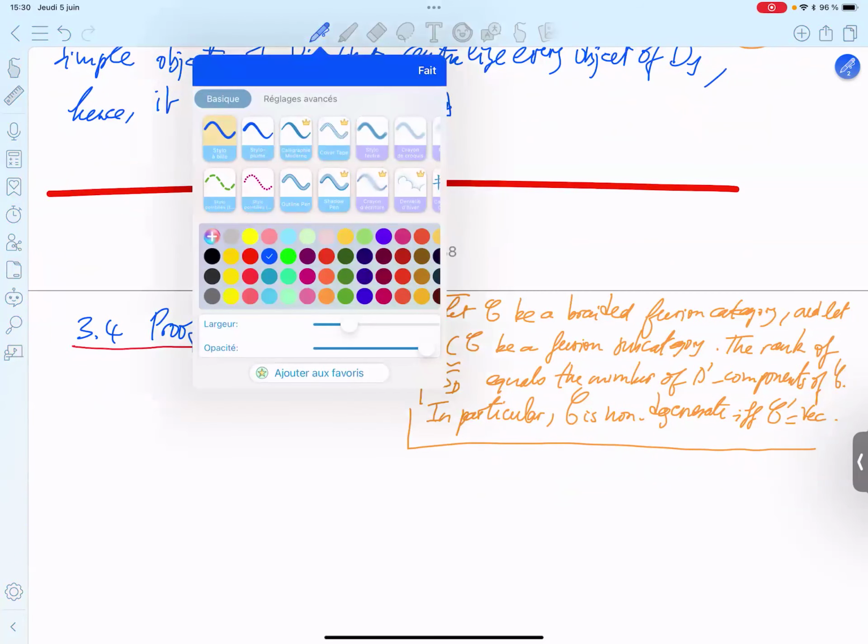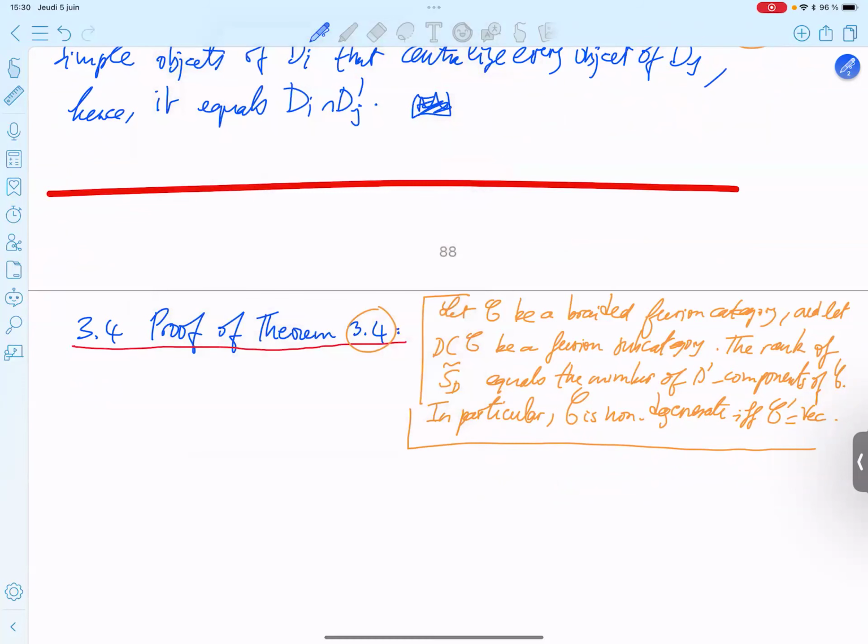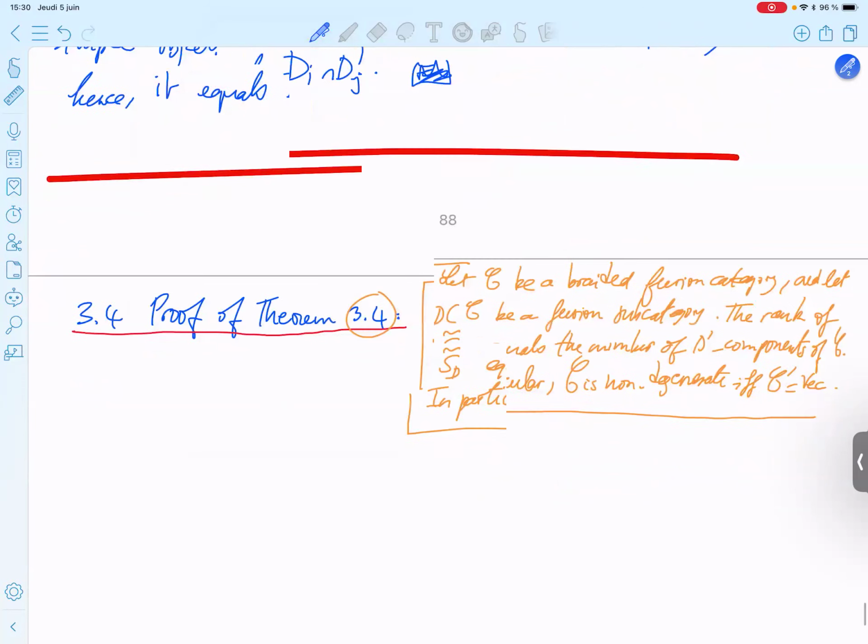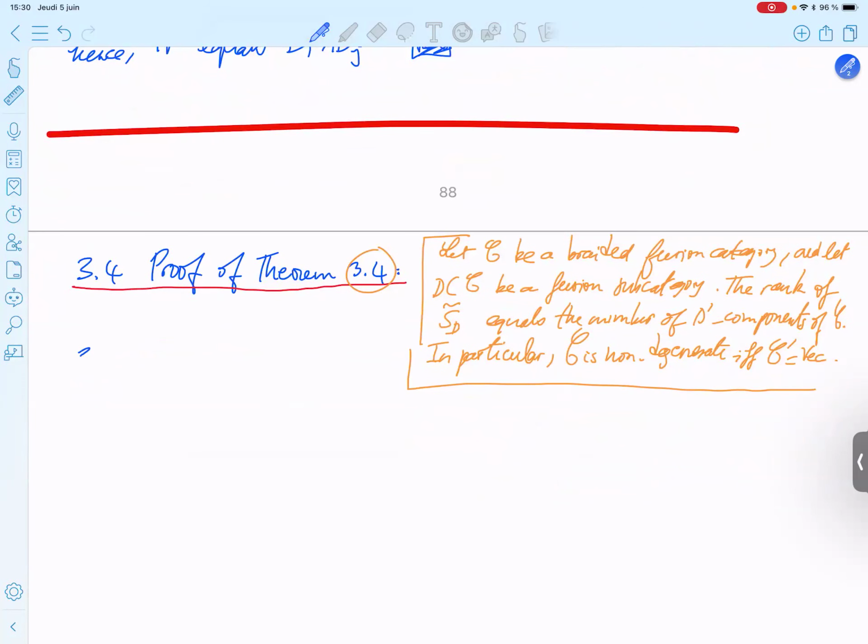Before going into the details of the proof, the first subsection will explain the idea of the proof.